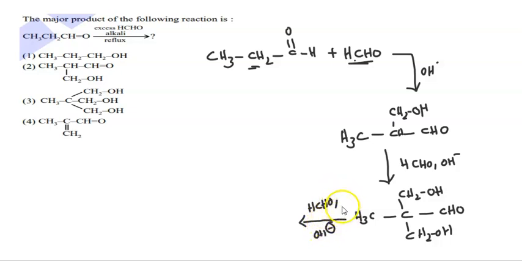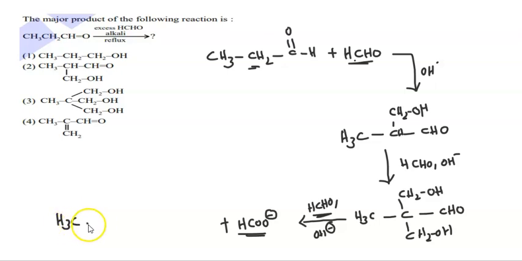because both the carbonyl compounds do not have alpha hydrogens. Both the aldehydes do not have alpha hydrogens. Then what happens is, the most reactive aldehyde, formaldehyde, will undergo oxidation to HCOO minus, formate, and this will undergo reduction.